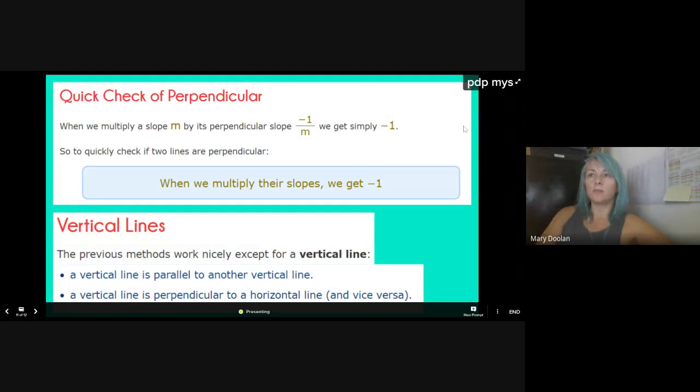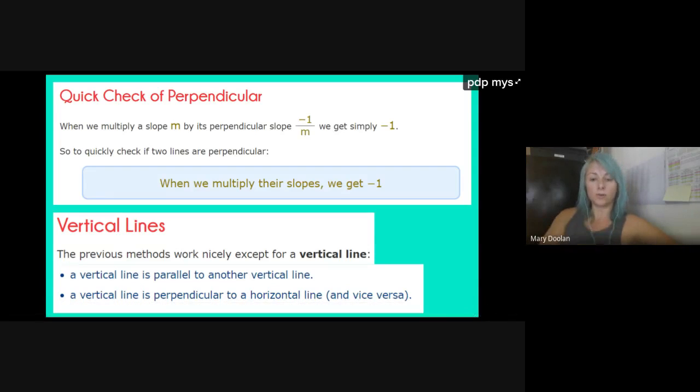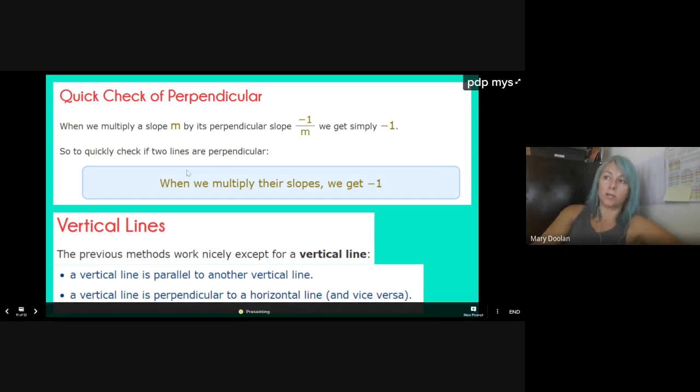So if you want to quickly check if 2 lines are perpendicular, say you're just given 2 equations. Are they perpendicular? Take a look at their slopes. See if they are opposite reciprocals. You can multiply the 2 values together, and if you happen to get -1, it means that they are.